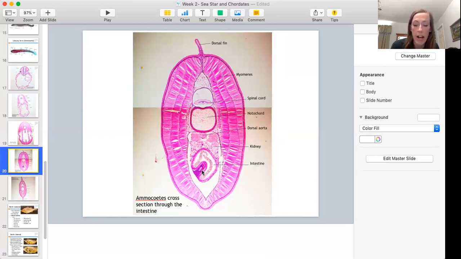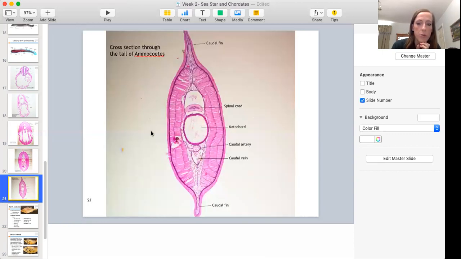We no longer have the gills, so it's not the pharynx anymore. We now have an intestine, and the kidneys, which are present, two of them on either side, okay? So in that region where the pharynx used to be, okay? And then we're also starting to see the dorsal fin appear here on the dorsal side.